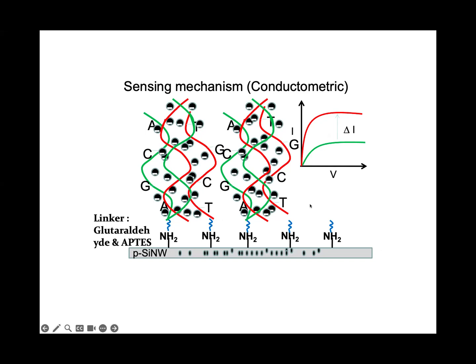The one that we need to discuss is how do we get the signal? We know that DNA is non-conducting, especially because it is biological. So how do we make it conductive? How do we change a biological molecule into something conductive? That is the other thing that we need to think about.